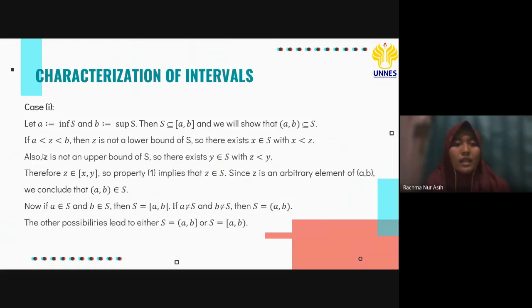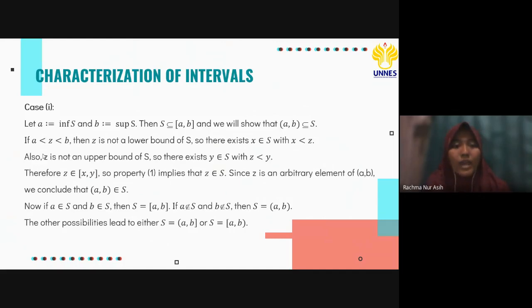Therefore, z is an element of the closed interval from x to y, so property 1 implies that z is an element of S. Since z is an arbitrary element of the open interval from a to b, we conclude that the open interval from a to b is a subset of S.